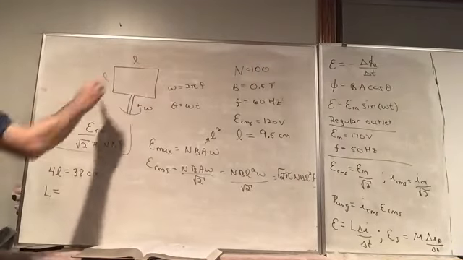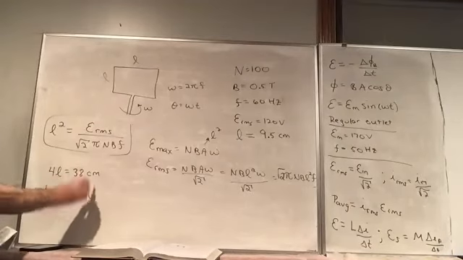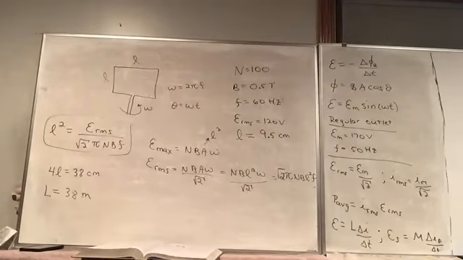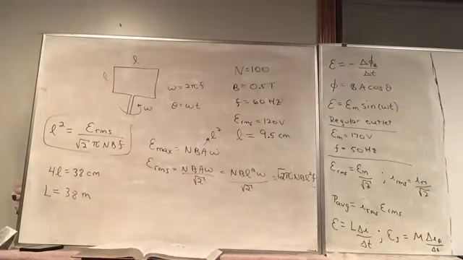So going around once is 38 centimeters. If you multiply by 100, you would get 38 meters. So that's a case of just not really paying attention to what I was actually calculating, but that makes much more sense. So this number was right, just not what the question was actually asking for. Okay. So any questions on that one?